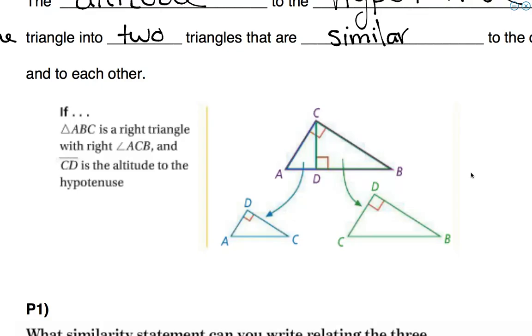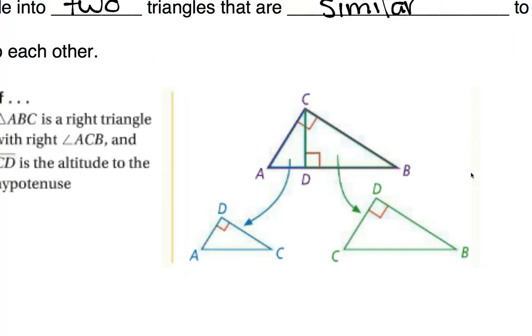So here, this is what we're talking about. The altitude to the hypotenuse. So here's the altitude that we're talking about. That altitude creates two small triangles inside that big right triangle. And actually, all three of them are right triangles. Now, you kind of have to flip them and rotate them, especially this one right here.